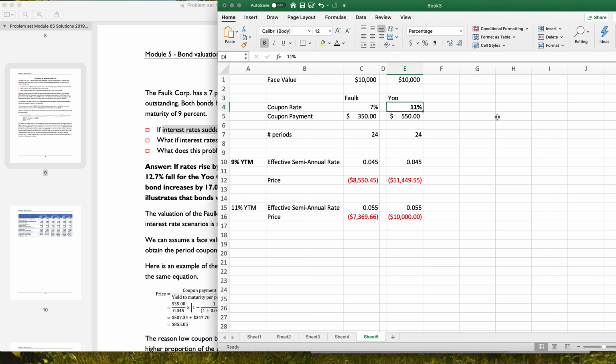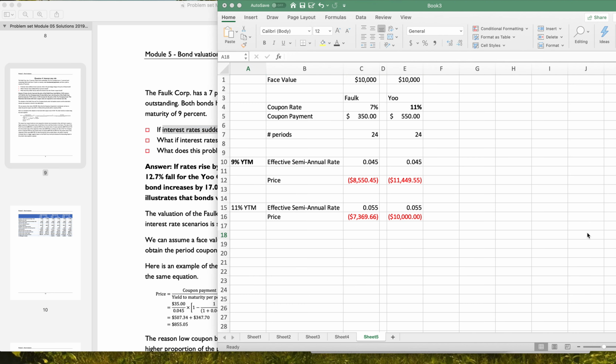The interest rate is going to move around and move around. If it hits 11% again, it will trade at par, which is $10,000 because that's the face value of the bond. This interest rate is not par. 11% is higher than the original coupon rate of 7%, and therefore it's going to trade at a discount.